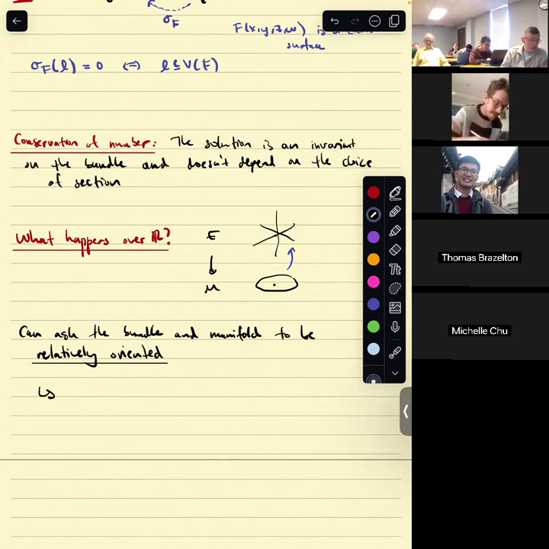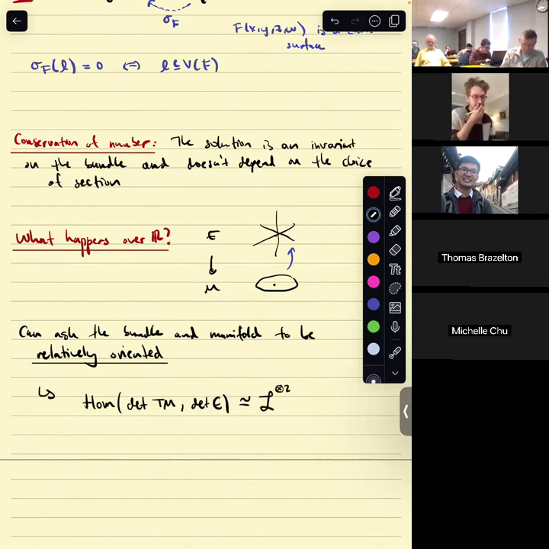And if I want to look at sections of these sorts of things and I want to do these computations, I might ask for this thing to be trivial. This is maybe a little subtle, but being trivial in this case is the same as being the square of a line bundle. But this ends up being maybe a slightly better notion as you go to work over other fields. So this is the idea of having a relative orientation.